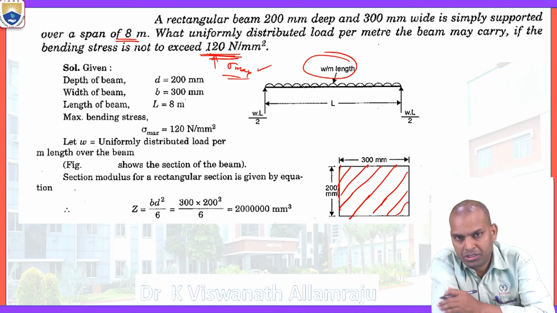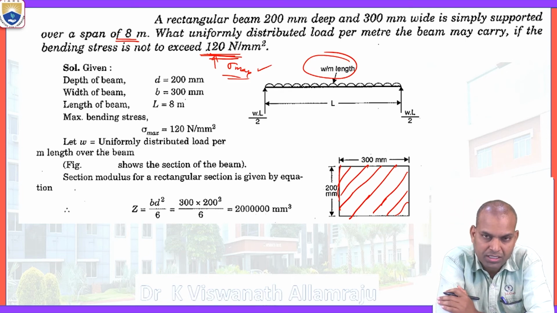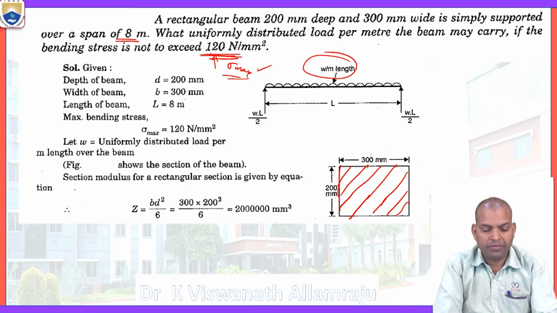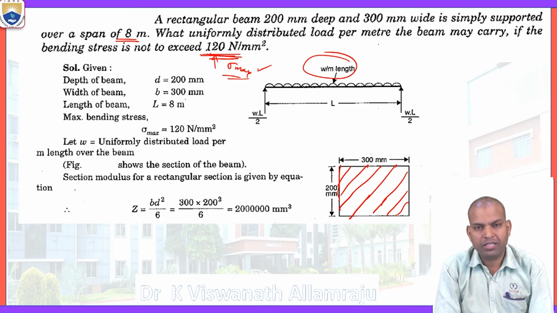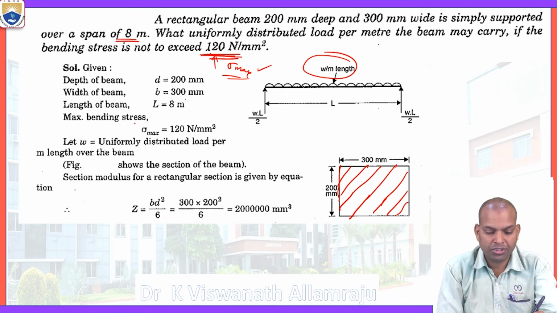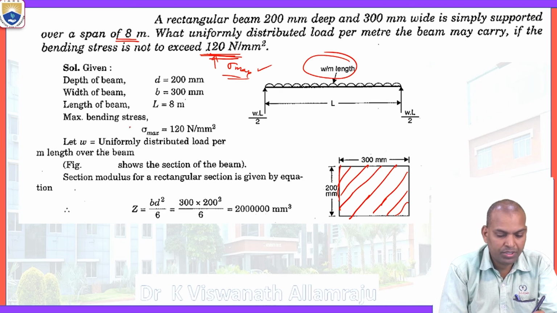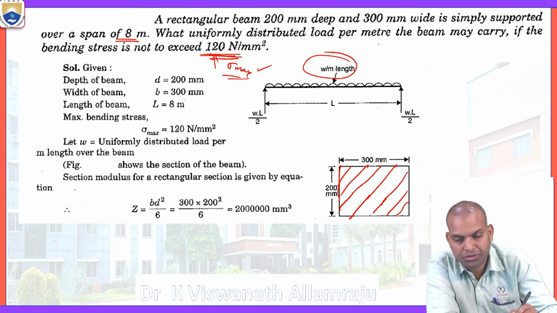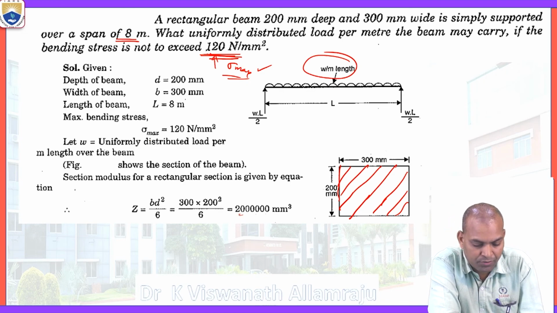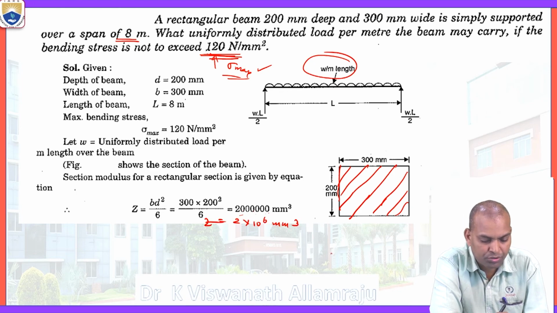For a rectangular section, the section modulus is bd square by 6. Substitute the b value and d value: the breadth b is 300 millimeters and the depth d is 200 millimeters. So the section modulus, bd square by 6, is 300 into 200 square by 6, that is 2 into 10 power 6 cubic millimeter.